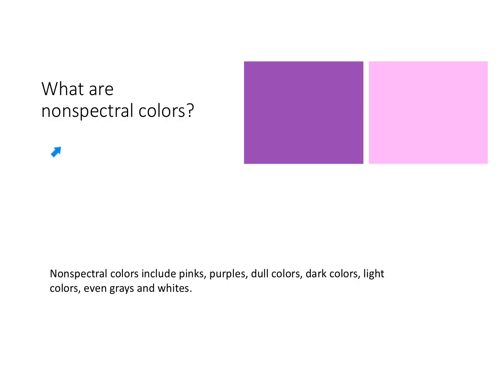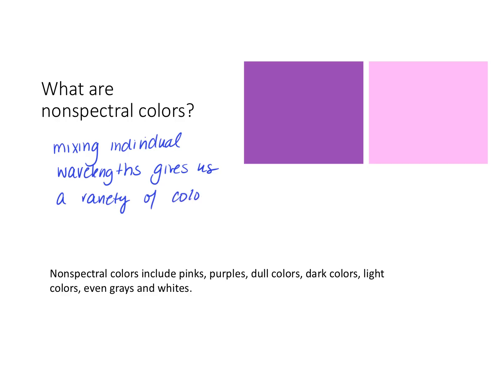So mixing individual wavelengths gives us a variety of colors called non-spectral colors. We've got a lavender, for example, on here.